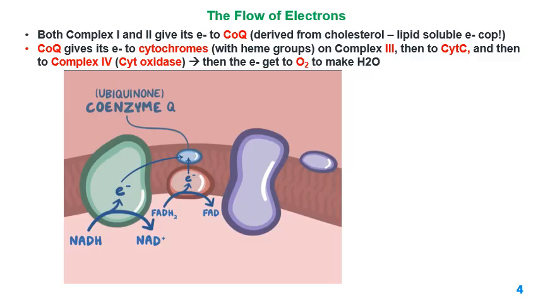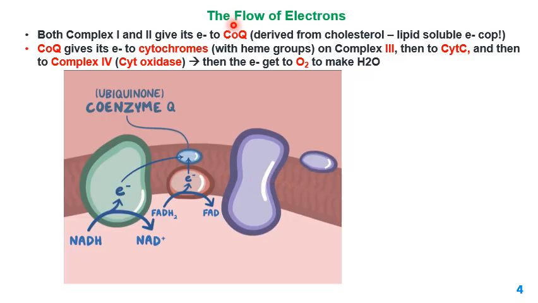Okay, so here is the overall picture for the electron flow, right? So we know that between complex 1 and complex 2 and 3, you're going to have here your CoQ enzyme, right? So here, this is the one that is lipid soluble. So it's going to be inside of that membrane leaflet, okay? So that guy is your electron carrier, and is going to transfer electrons from complex 1, complex 2, complex 3, and also complex 4 that is not showing here.